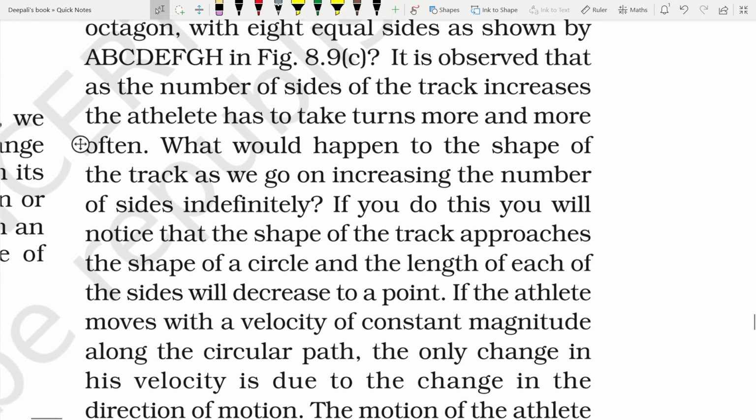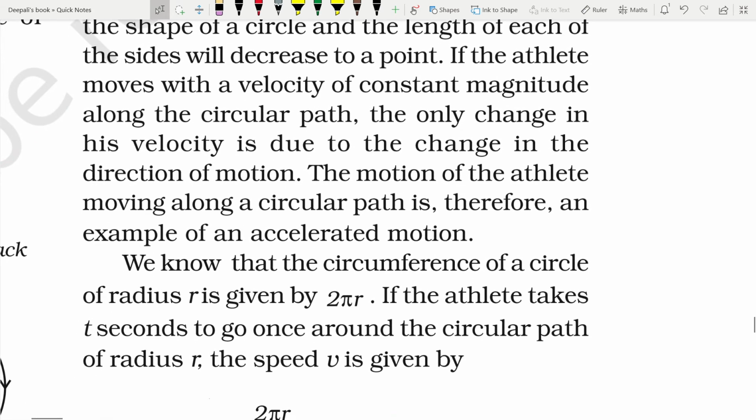So if the athlete moves with a velocity of constant magnitude along a circular path, the only change in his velocity is due to the change in the direction of motion. The motion of the athlete moving along a circular path is therefore an example of accelerated motion.